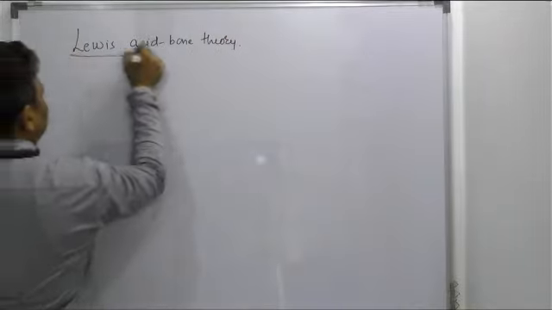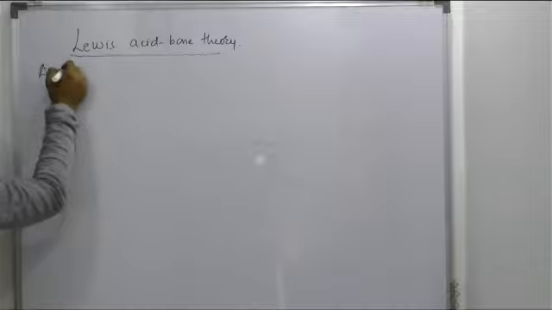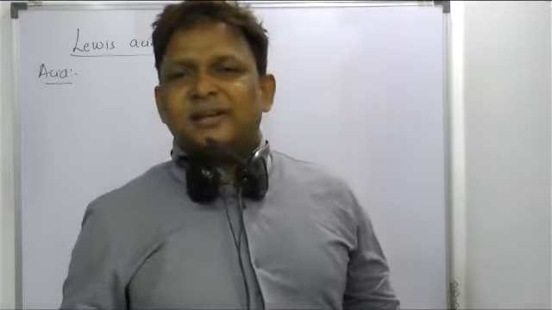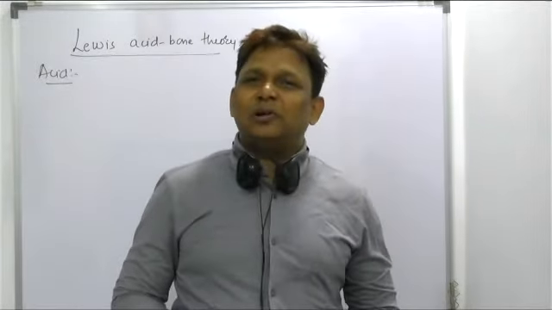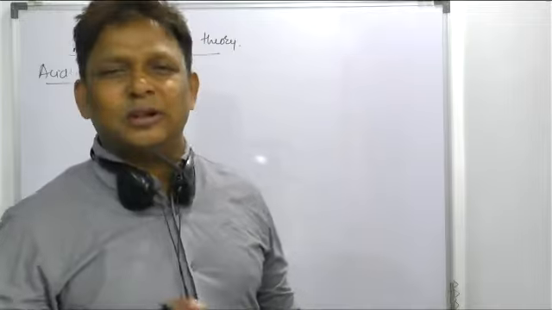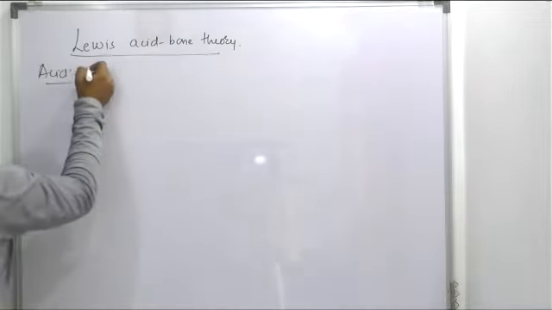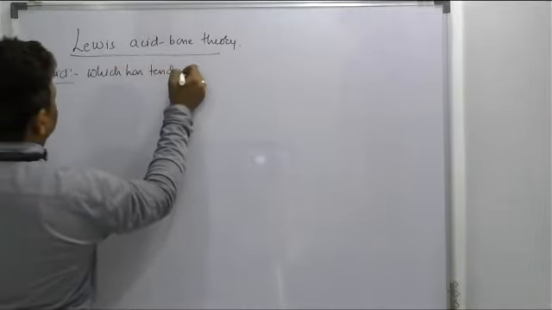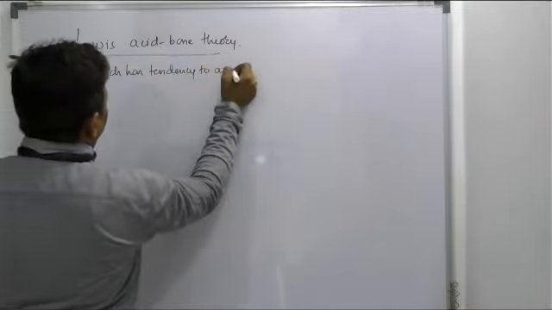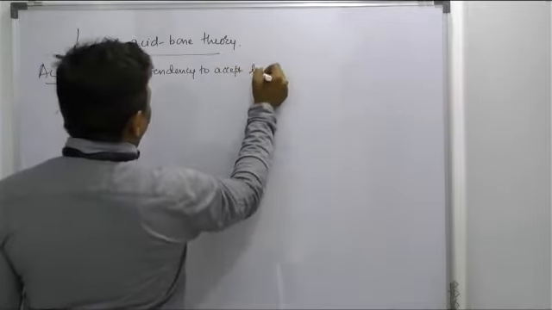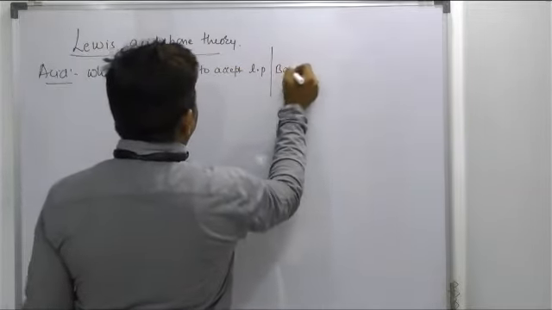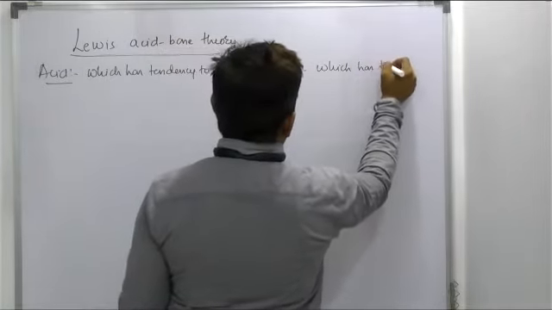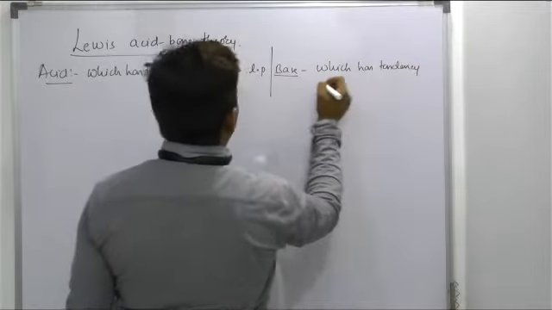The definition given by Lewis for the acid: a species which has a tendency to accept a lone pair, and a Lewis base is a species which has a tendency to donate a lone pair. Simple definition.